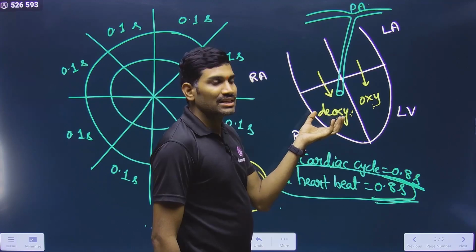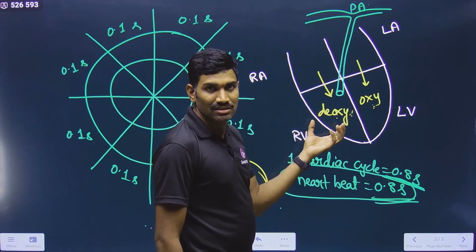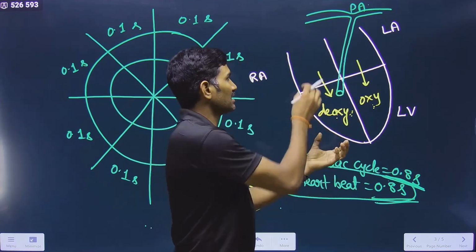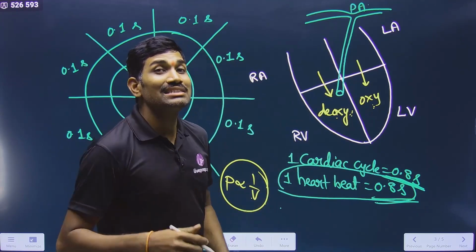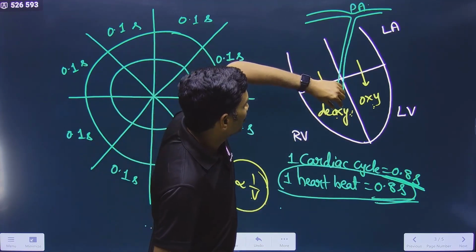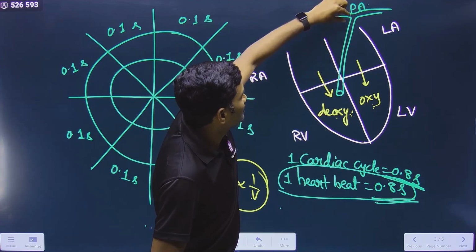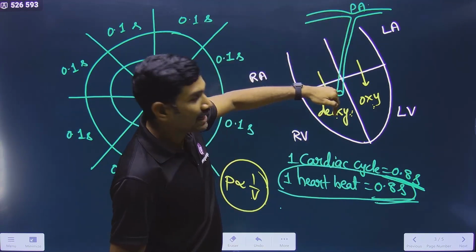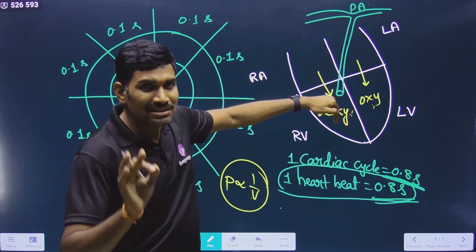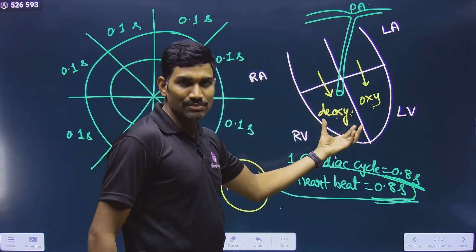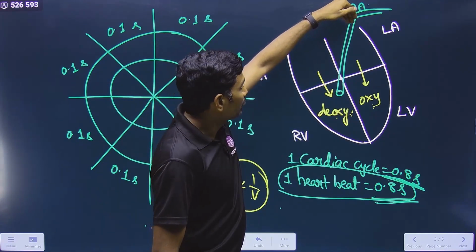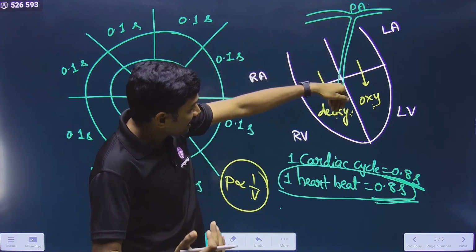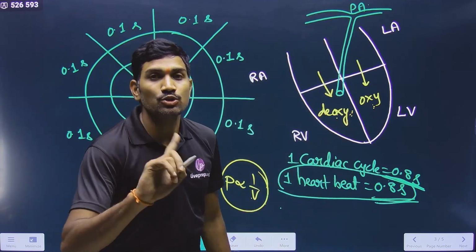When the pressure inside this right ventricle is less, it is getting the blood from high pressure, like the atria. At the same time, there is a chance that because of this less pressure, the blood present in the pulmonary artery may come back into this, and that should not happen.